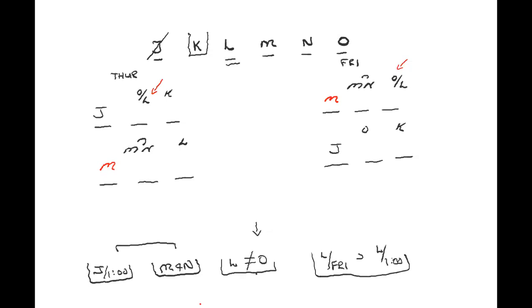Martin could be Thursday. Must it be false that N is Friday? And the answer is no. In the top hypothetical, that does not have to be false. So the answer to question number 2 is C, that it must be false that Lewis is on Friday.